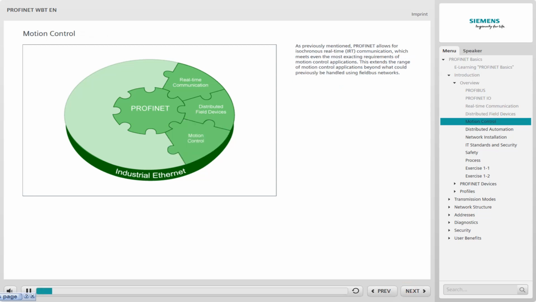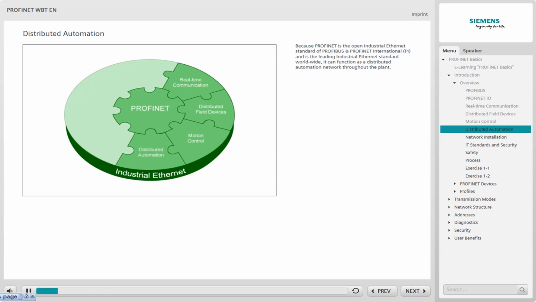As previously mentioned, PROFINET allows for isochronous real-time IRT communication, which meets even the most exacting requirements of motion control applications. This extends the range of motion control applications beyond what could previously be handled using field bus networks.